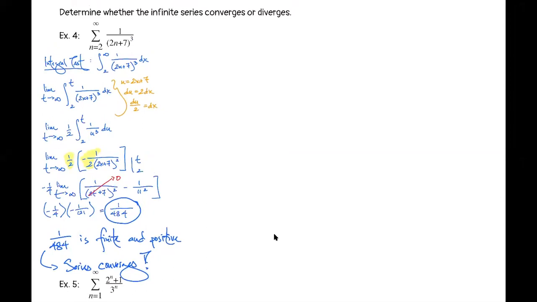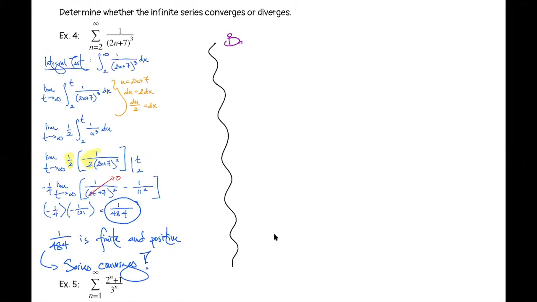Does anyone have any questions about the integral test? So the other one that I thought we could try is the basic comparison test, okay?